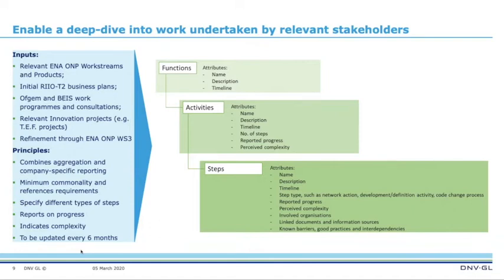So as I've alluded to, there are steps that you would describe as network activities, so networks implementing or refining certain capability. There are development and definition steps, for instance, reflecting the outcomes of ENA OMP work that inform the subsequent network activity.